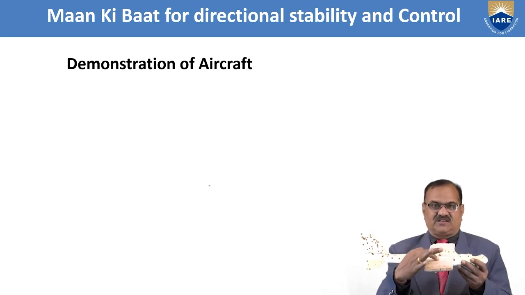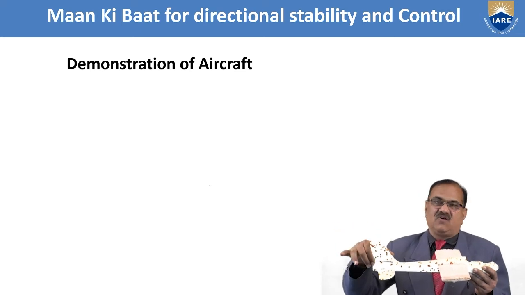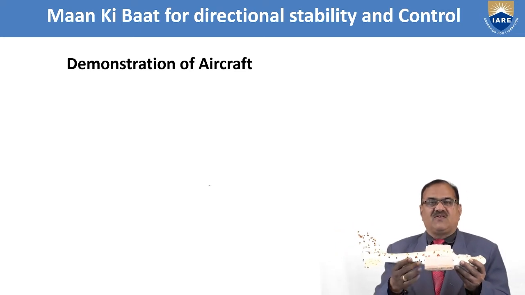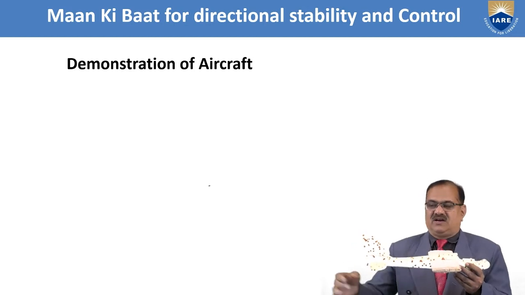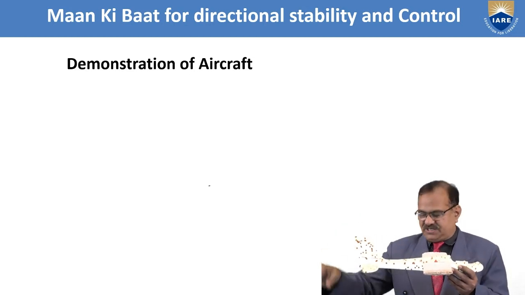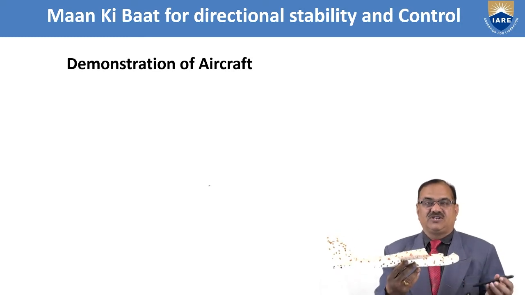You know that these are the wings, these are the horizontal tails, and this is the vertical tail. For directional static stability, the vertical tail is very important.